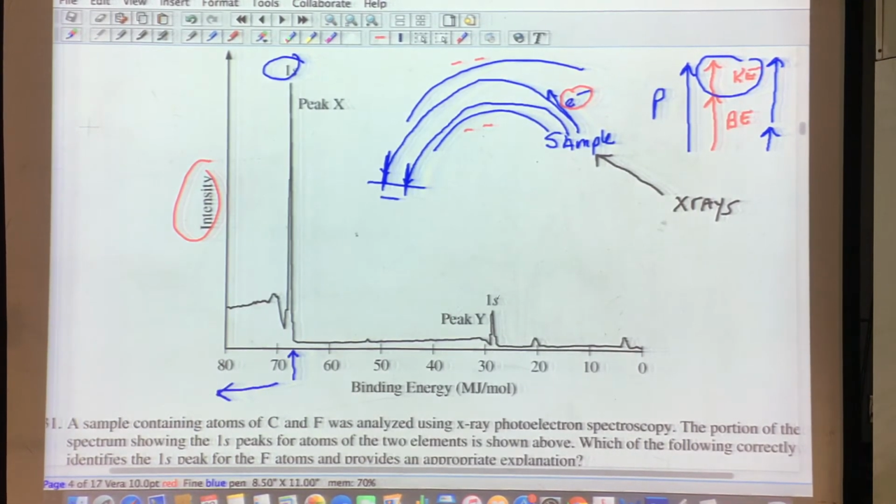Which means these are electrons that are held closer to the nucleus. This peak showing a lower binding energy for another 1s, they're telling you this, is probably held much farther. Easier to remove electrons in shells that are farther away because they feel the electrostatic attraction less.